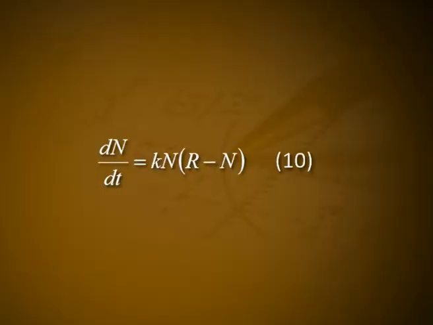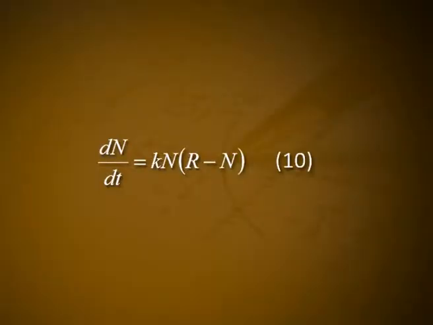So that if r is the total number of companies in the region, dn/dt = k n (r - n), which is the logistic law and shows that ultimately all companies will adopt this innovation. Similarly, if n(t) is the number of infected persons, the rate at which the number of infected persons grows depends on the number of infected and susceptible persons, and we again get dn/dt = k n (r - n), where r is the total number of persons in the system.